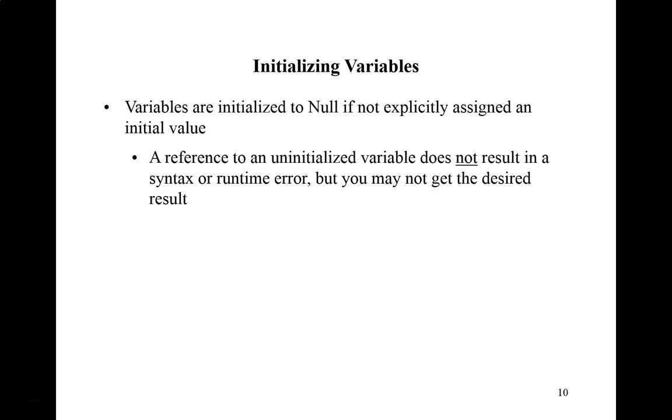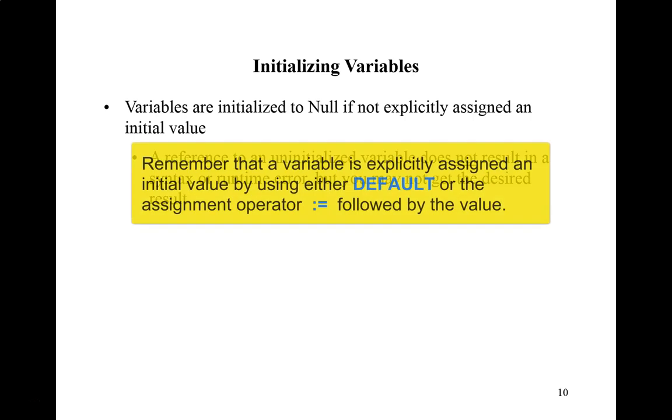Now that we've discussed how to declare a variable and how to assign values, let's remind you about how a variable is initialized. A variable, when it's declared, could be explicitly assigned its initial value. We saw that that was done by using either the word default or the assignment operator, followed by the value to be assigned when the variable was instantiated.